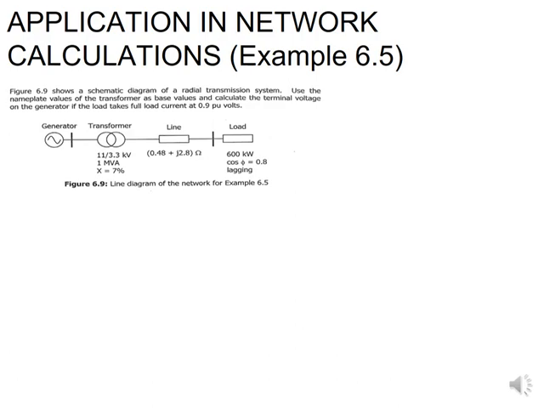So they say we've got a radial system and we must use the nameplate values of our transformer. You can see the transformer is sitting at 1 MVA as base values, and calculate the terminal voltage on our generator if the load takes full load current at 0.9 per unit volts. So what does that last sentence mean?